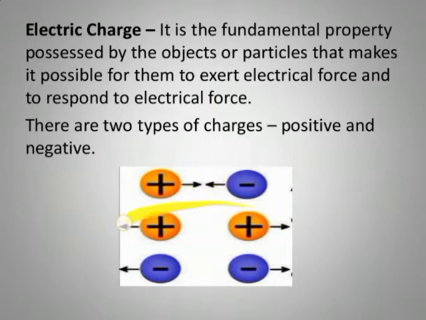And like charges, negative and negative, repel each other, and that is why the arrow marks point this way. So this is what is called electric charge. I hope I have made it clear what electric charge is. There are two types of charges, positive and negative.